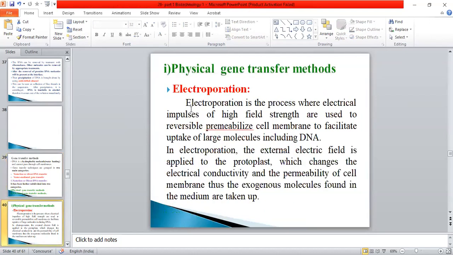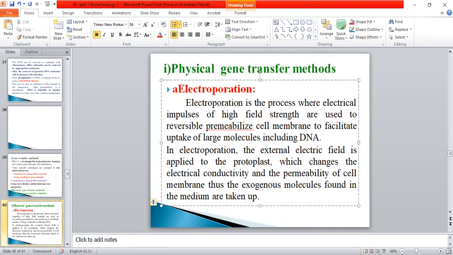So the physical methods. How can DNA be transferred from one organism to another? One of the first methods is electroporation. What is the meaning?